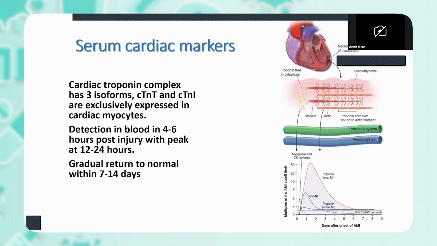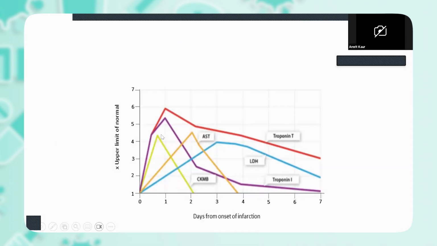Okay. Now your cardiac troponin T and cardiac troponin I, these are exclusively expressed in the cardiac myocytes. The most important part of the cardiac troponins is they start rising in 4 to 6 hours, and then they peak in 24 hours. So this red line that you see is your troponin.